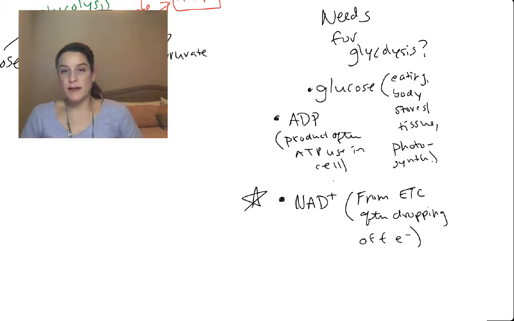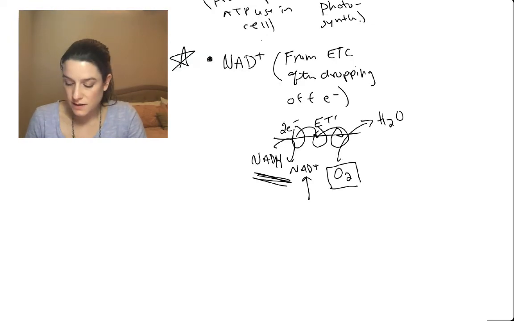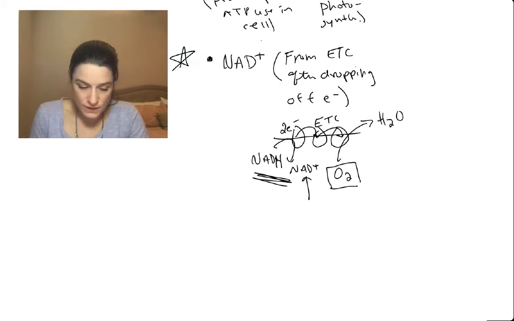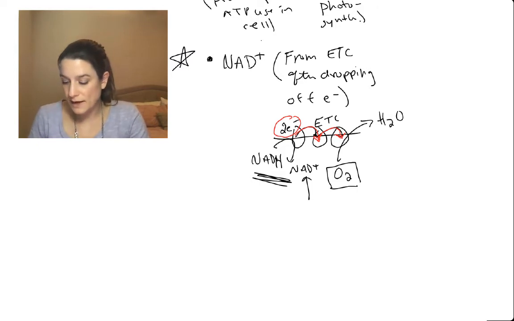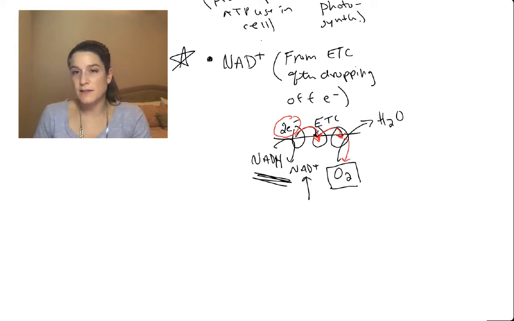It comes from the electron transport chain after dropping off the electrons there. So when the electrons fall down and go from complex to complex, in the end they've got to get taken away, so they go into oxygen, and that ends up becoming water, and then water takes those away, removes the electrons. But what if you don't have oxygen?